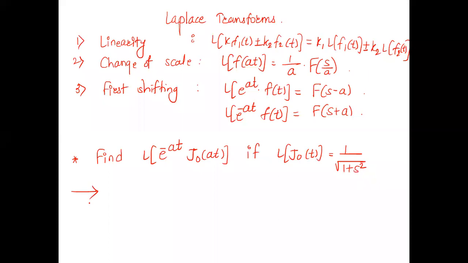Given is something and you have asked this Laplace of something. So I'll write the given thing first: Laplace of j naught of t is 1 upon root 1 plus s square. To reach here, what should we do?